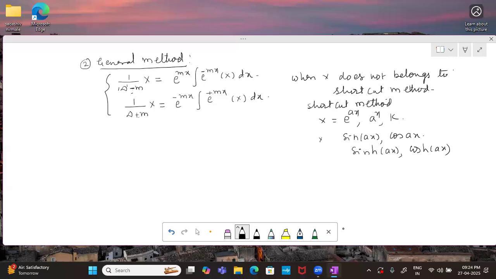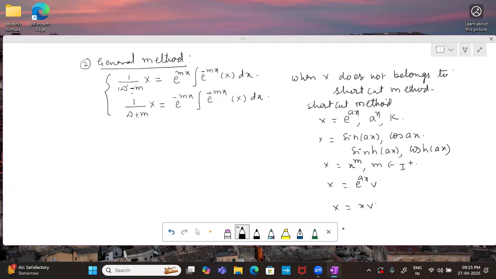Third, x to the power m, where m is a positive integer. Then the next X is like e raised to ax into b, and the fifth one is x into.